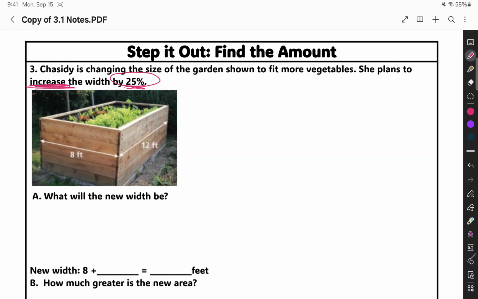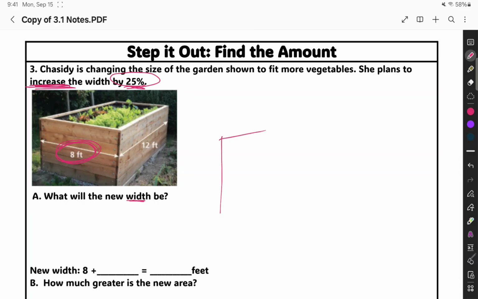So we automatically know that we're going to be using a percent of change box. Part A wants us to know what will the new width be for the garden box. So the original width, based off of the picture, is 8 feet. We want to know what the new one's going to be if we increase the box.